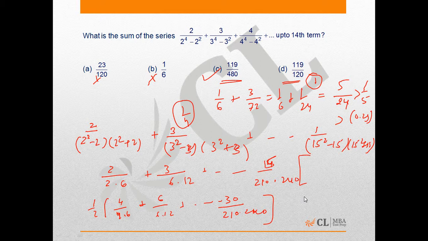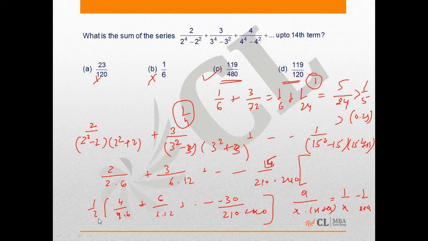We know that a upon x into x plus a can be written as 1 by x minus 1 by x plus a.